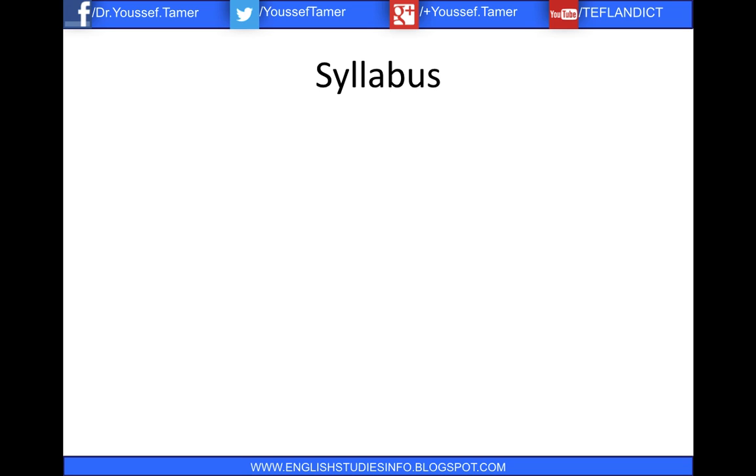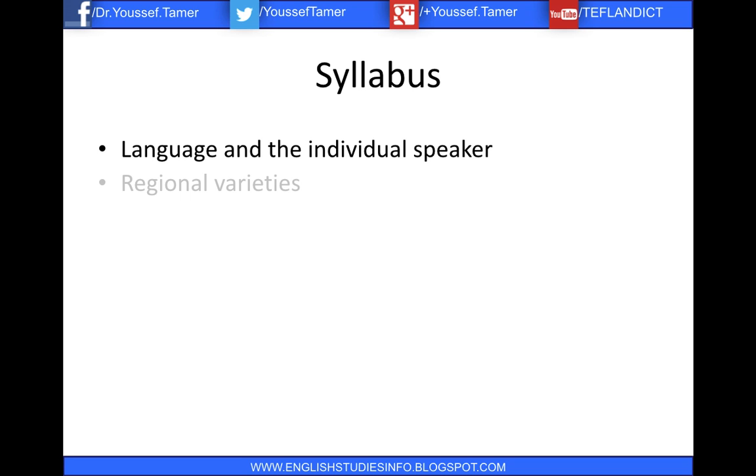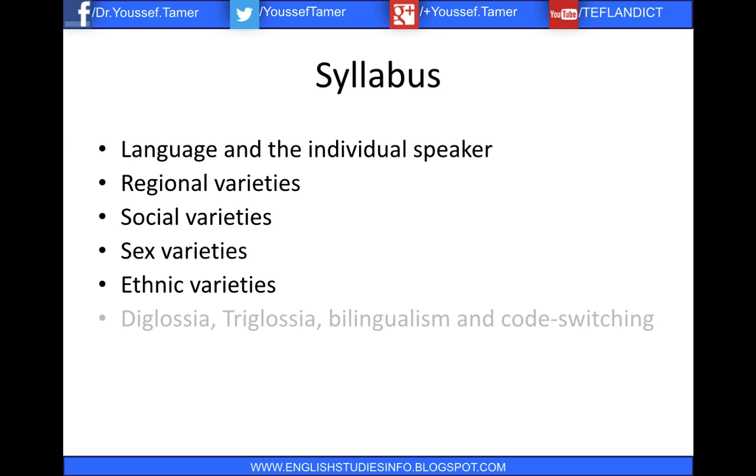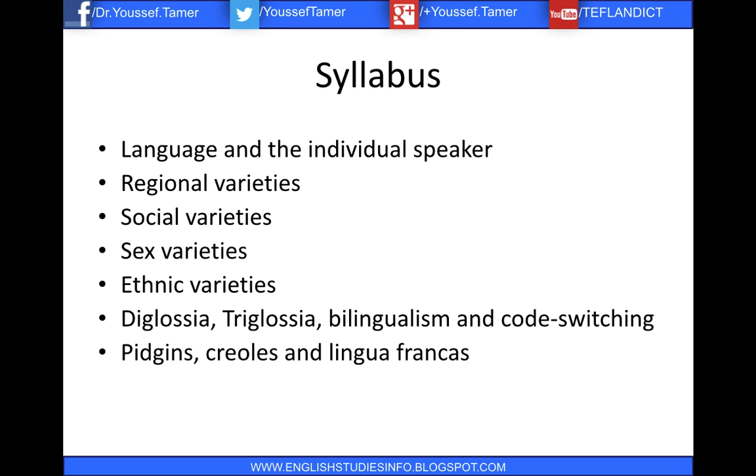So last class I described for you the syllabus for this module that deals with an introduction to sociolinguistics. I mentioned all that, but I forgot to mention two other axes that we will try to deal with as well. This is where we stopped last time, but I didn't introduce this.